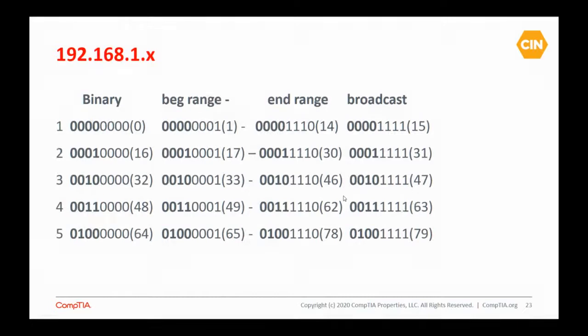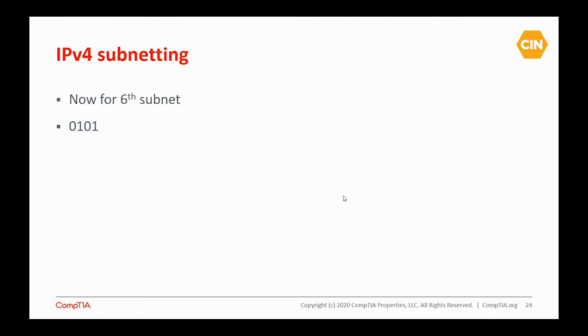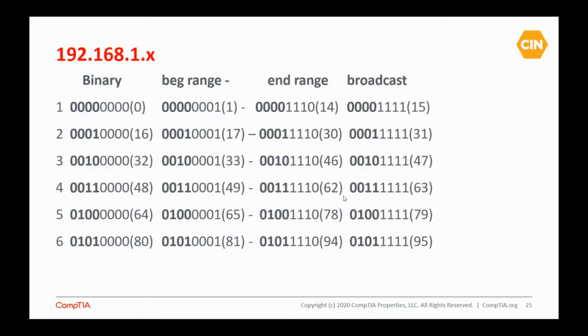So we get that row there. They've all gone across there, and we got our ranges and our usable addresses in there. Notice we got 14 usable addresses on each line for each subnet. And then we'll do the sixth one, and it's 0, 1, 0, 1, and it builds across there.